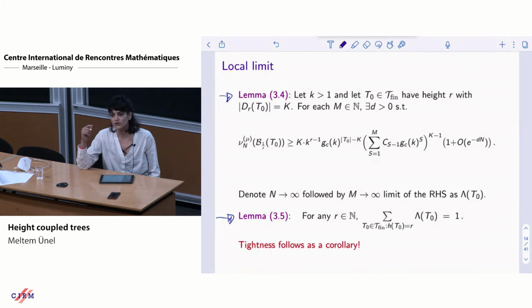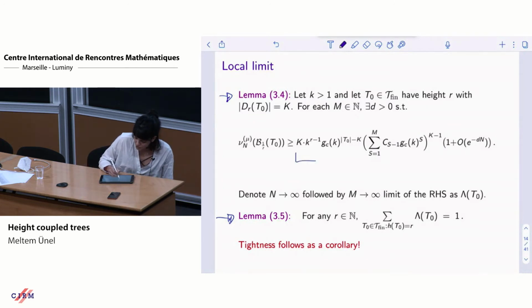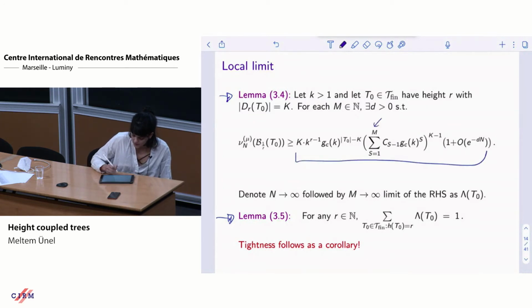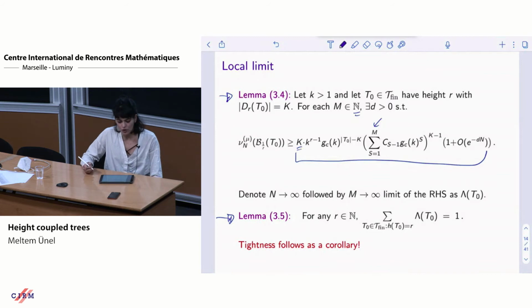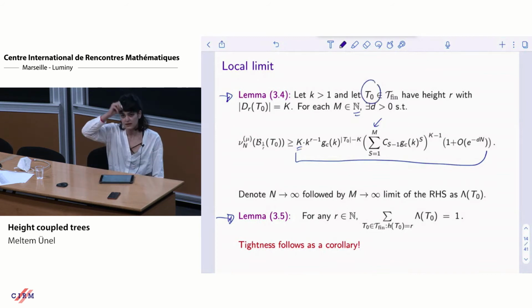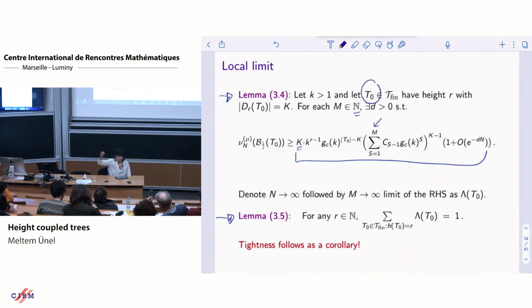So what we do is we compute some lower bounds on the ball volumes. And by using these lower bounds, m is just in n, and k is the number of vertices of my base tree that are at maximal height. And there are these ends here.